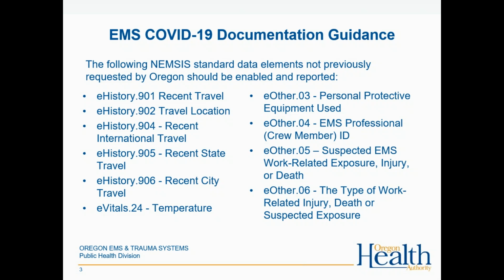The crew member ID field is E-Other.04, allows us to track PPE specific to an individual, as well as the suspected and type of exposures. Those are also specific to the individual crew members. And so all of those data fields are new for us. And next slide.